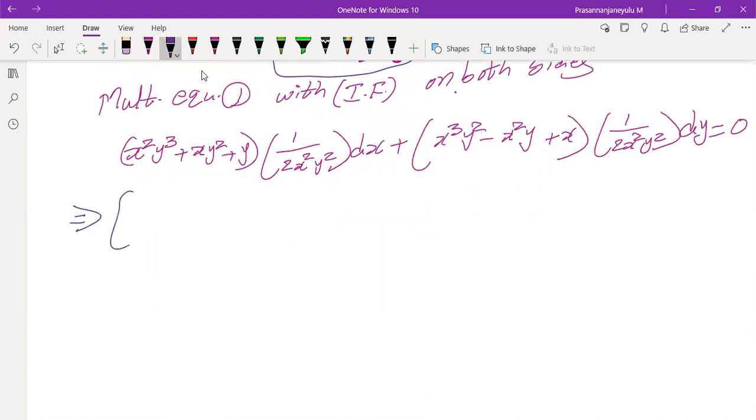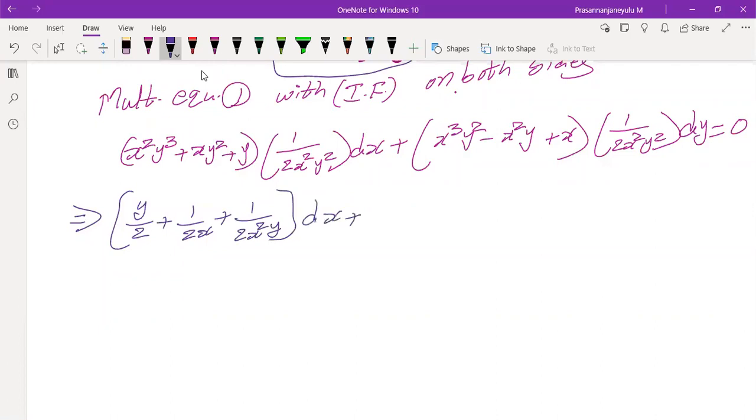So now doing the simplification, at the same time I am writing the steps. What is the first term? x square y cube by 2x square y square. So finally it becomes y by 2. Plus, what is the second term? Multiply xy square with 1 by 2x square y square, then finally we get 1 by 2x. Plus y by 2x square y square becomes 1 by 2x square y, into dx.